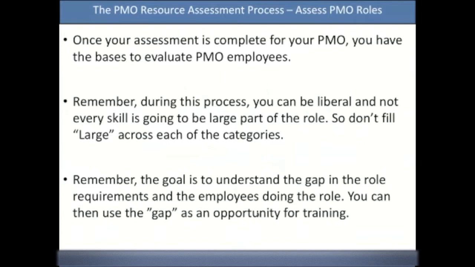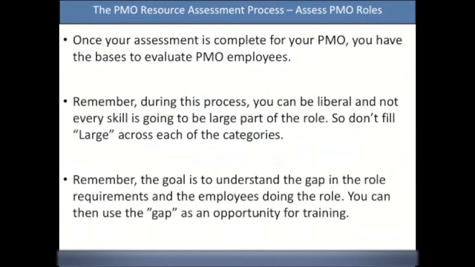You don't have to put large in every category. They have to do technical, they have to do business, they have to do communication. That's a large part of the role. That's a large part of the role. That's not going to be the case, okay? Again, don't be so liberal with that. You can be, but again, let's be realistic. You're trying to find the right person that's got the right skill sets.